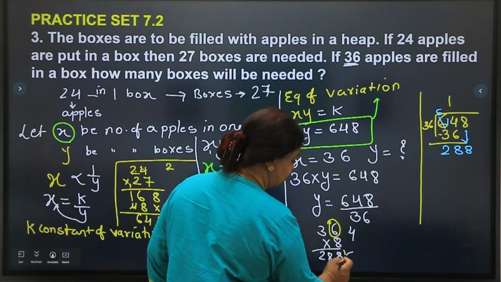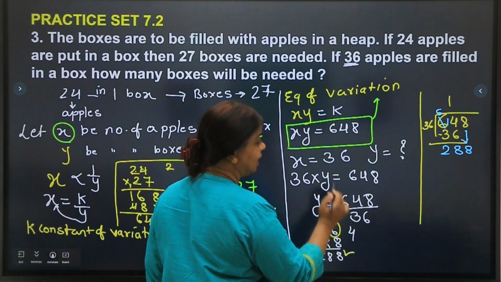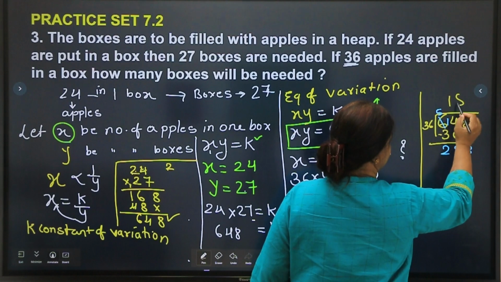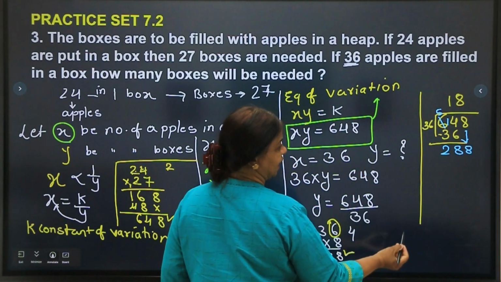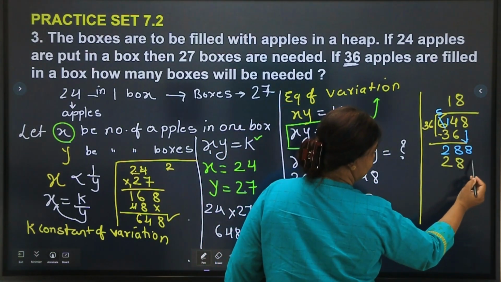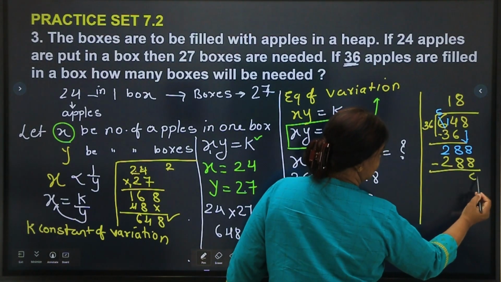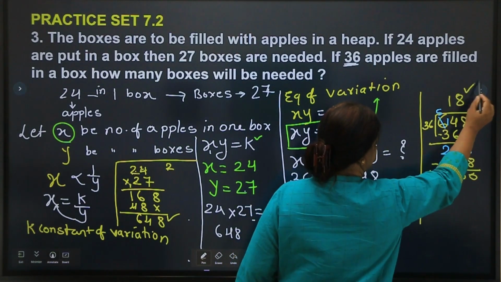So therefore we got 288. So I checked directly with 8. 36 8s are 288, 2 minus 0, 0, 0, and we got 18.